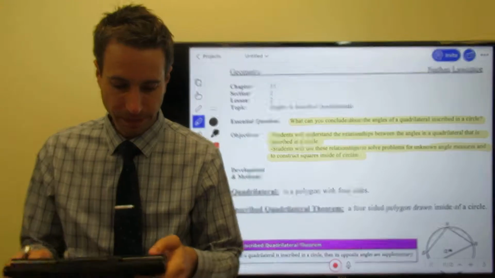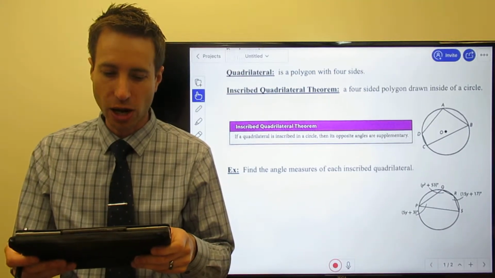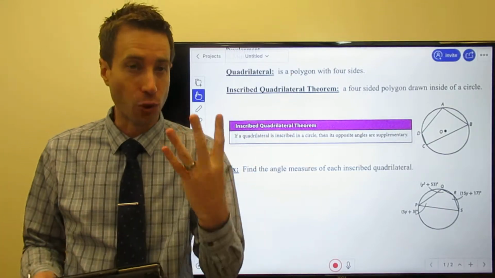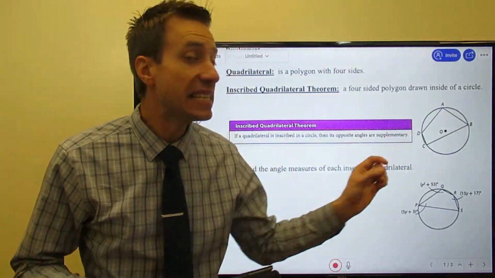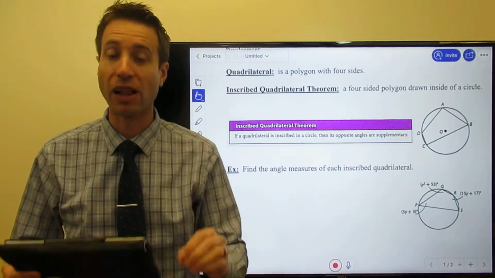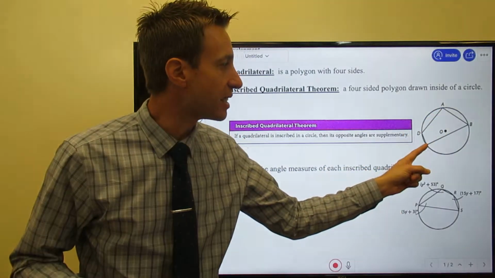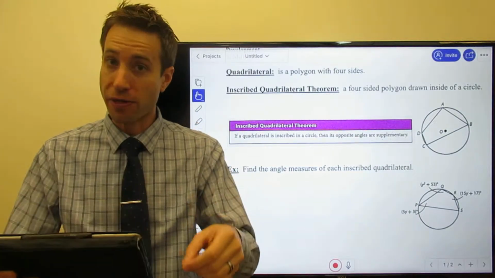Okay, here we go. What we're doing in this section is talking about quadrilaterals, which is a polygon with four sides. It's a four-sided figure, but that four-sided figure is drawn inside of a circle. And really important, each of the vertices of the quadrilateral lies on the circle.